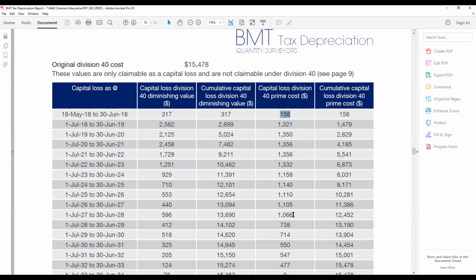So we must check the previous year's tax return to decide which method we're going to use for Division 40, which is capital allowance for assets. This is the first one. So you have all the information from that.